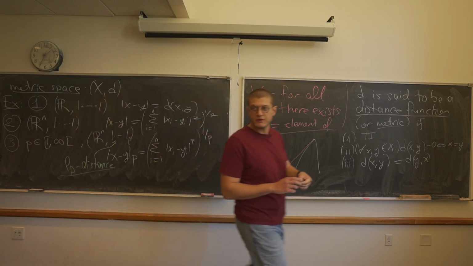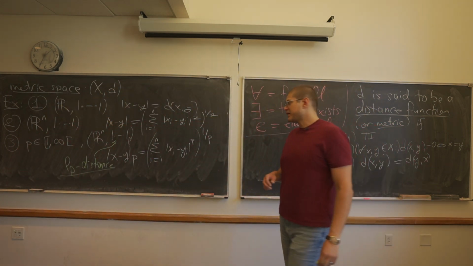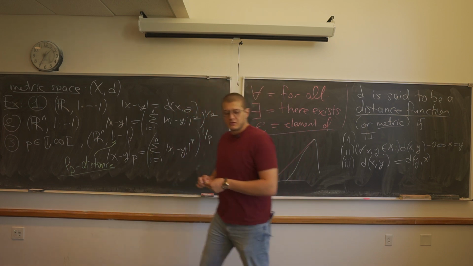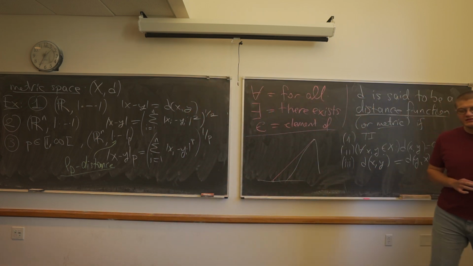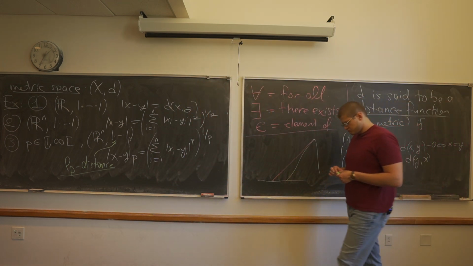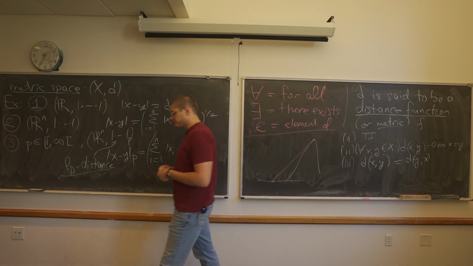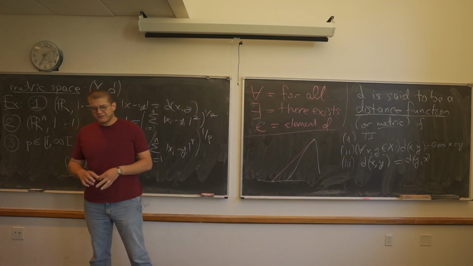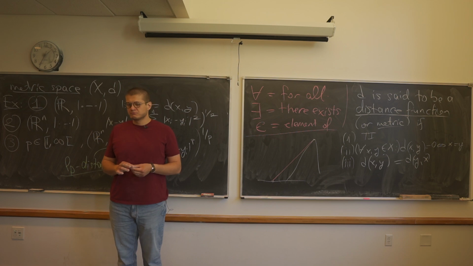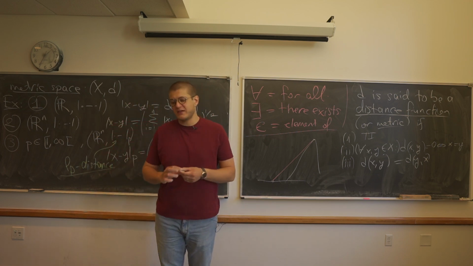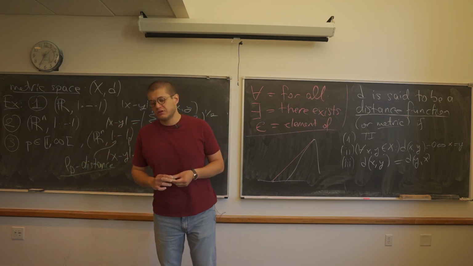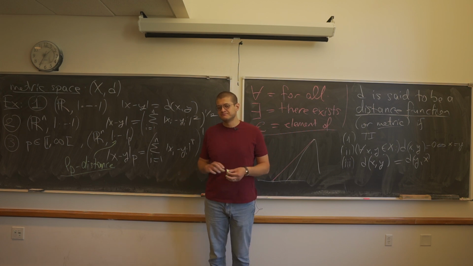Okay? Yes? You know what the L stands for? Probably Lebesgue. We're going to spend quite a while toward the end of this class on a theory of integration that is more robust, let's say, compared to what you learned in calculus, which is Riemann integration.